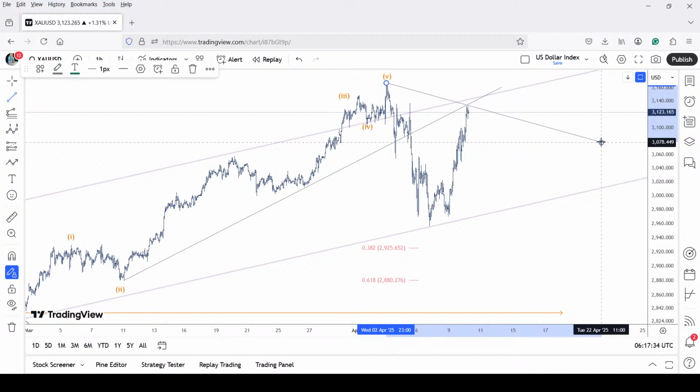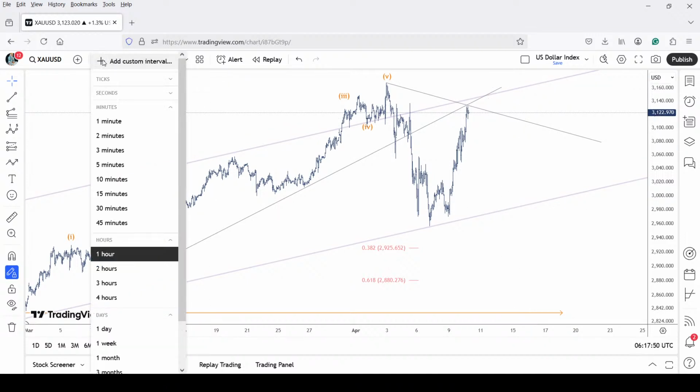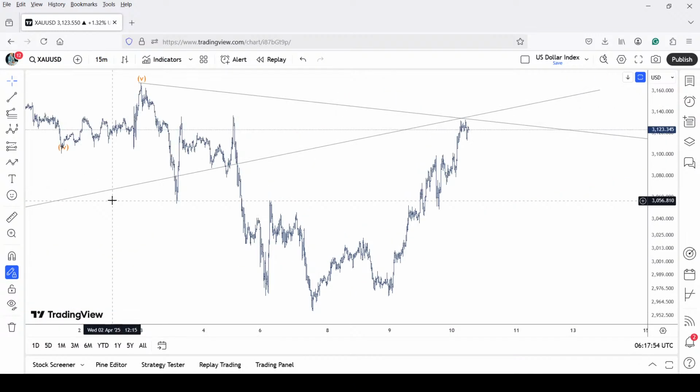So if prices stay in the sell zone of this particular trend line, then we can expect lower lows to be carved going forward. All right, so we will be watching it very closely around the current price. And let's see how the price action is shaping up from here on.